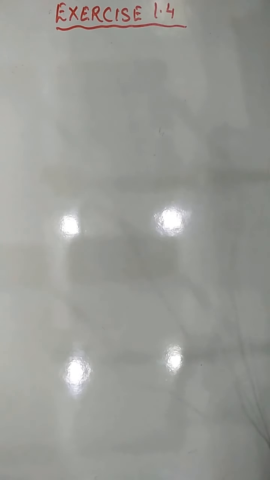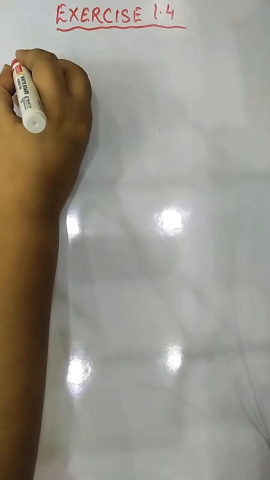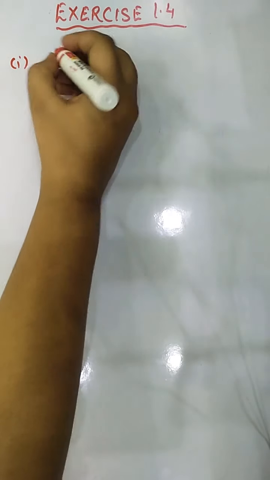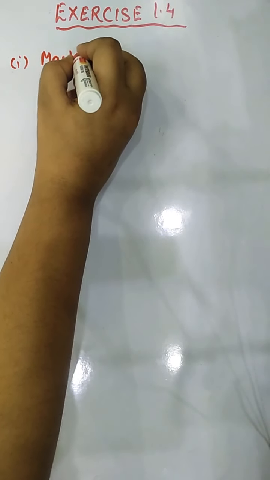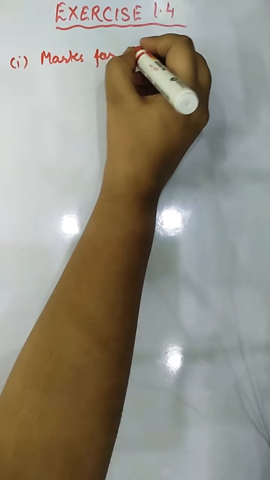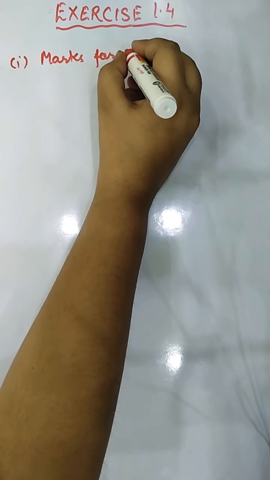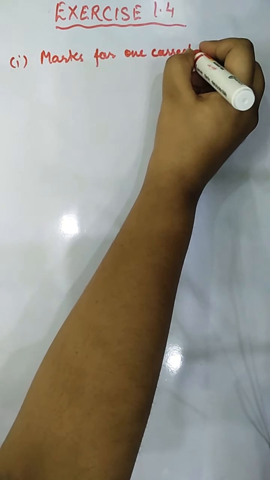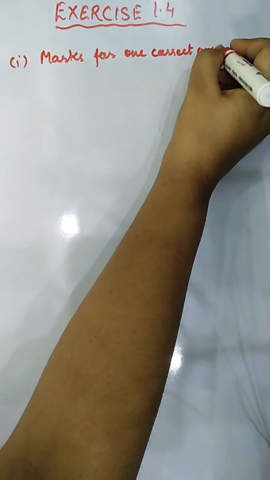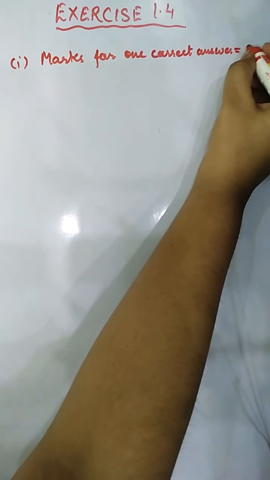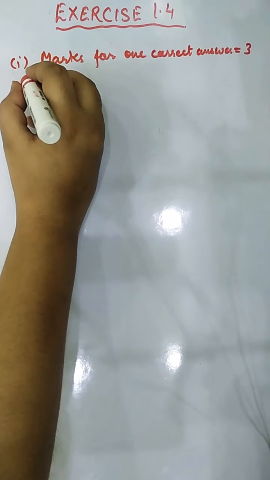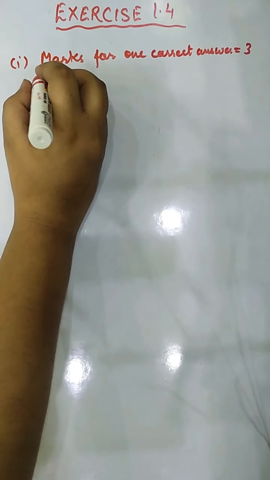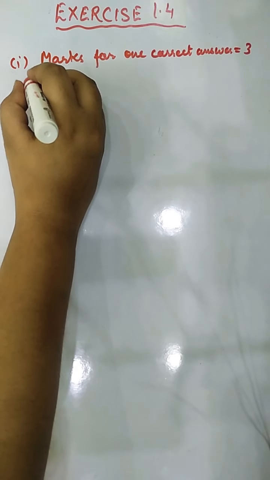So the first part of the question is about Radhika, and it is saying that marks for one correct answer is how much? Plus 3. So she attempted how many correct answer? 12 correct answer she has given.